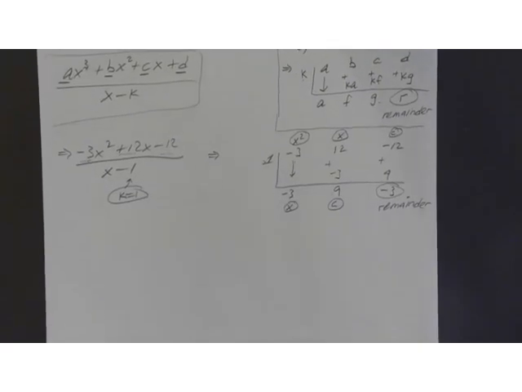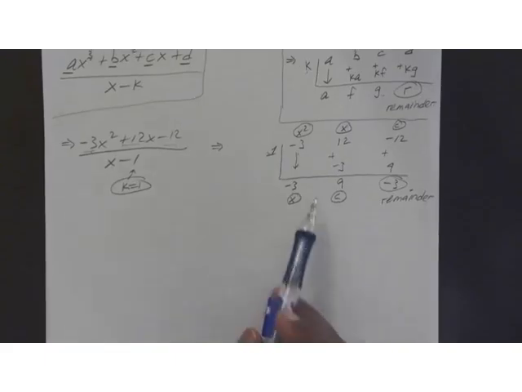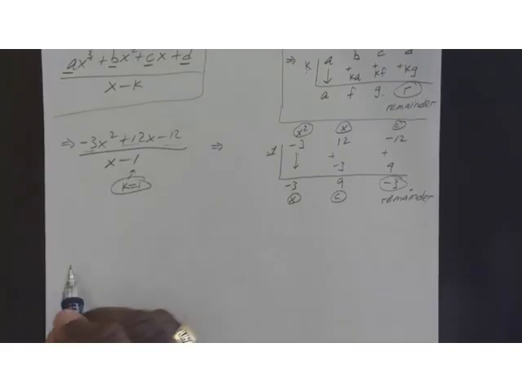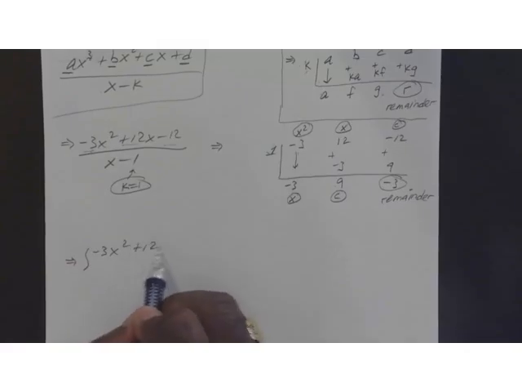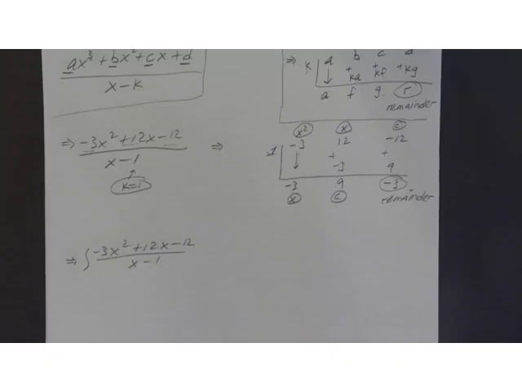Let me move that up a little bit. So once we do that, we know that we can just rewrite our integral of negative 3x squared plus 12x minus 12 divided by x minus 1 with respect to x.